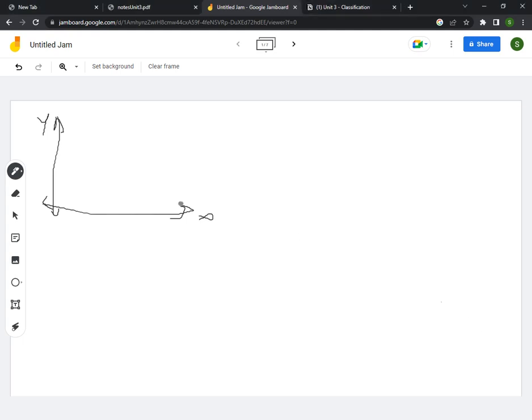Based on these scores, the data points of the students would be somewhere here.